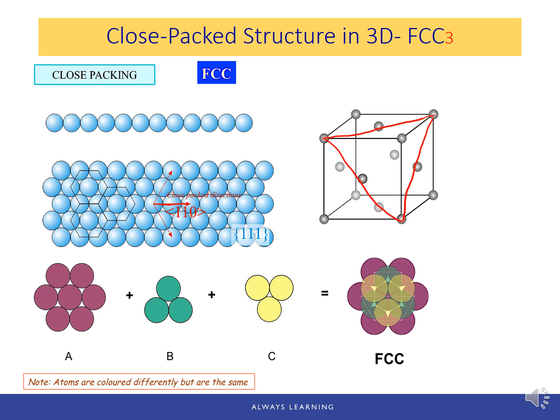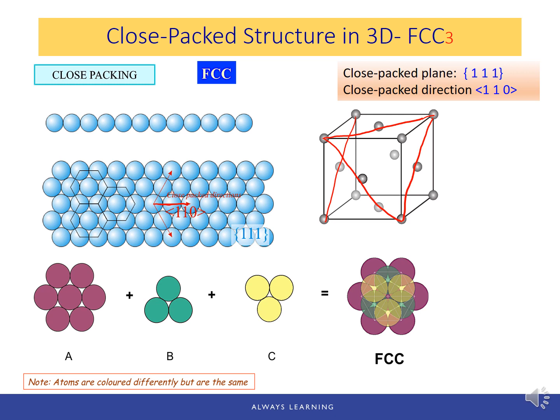And there are more diagonals, of course. All of the face diagonals are close packed directions. And the close packed plane is the 111 plane. So it is the plane passed through the face diagonals, or enclosed by these 3 face diagonals. So that's the 111 plane.